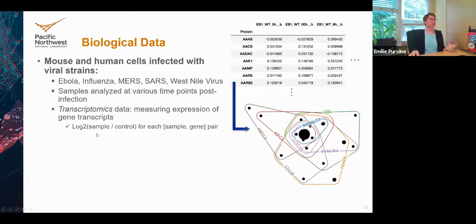And the value that you get for a particular gene at a particular sample is the log2 of the expression of that gene in the sample divided by the expression of that gene in the control. So that's what's going on here. So a positive value means that it's expressed more in the virus sample, and a negative means it's expressed less than the control in the virus sample.